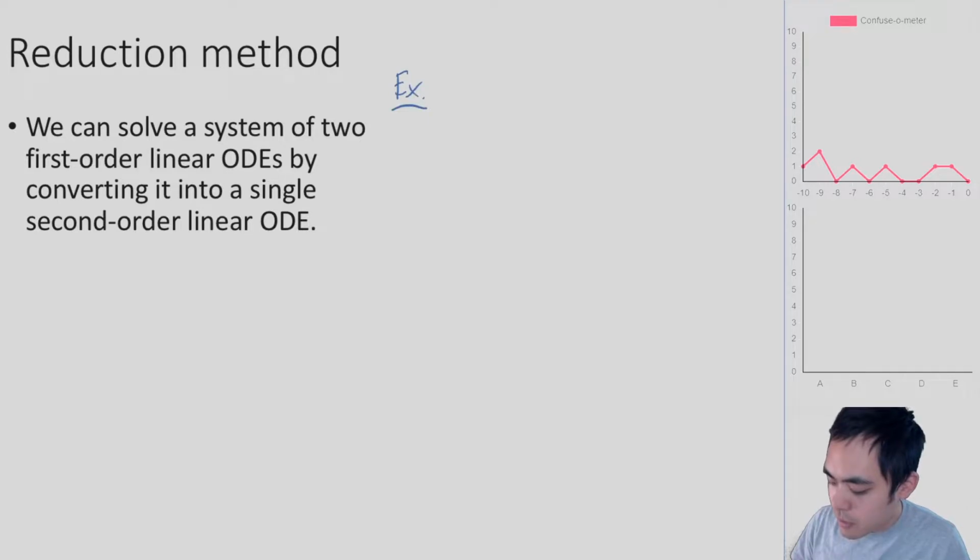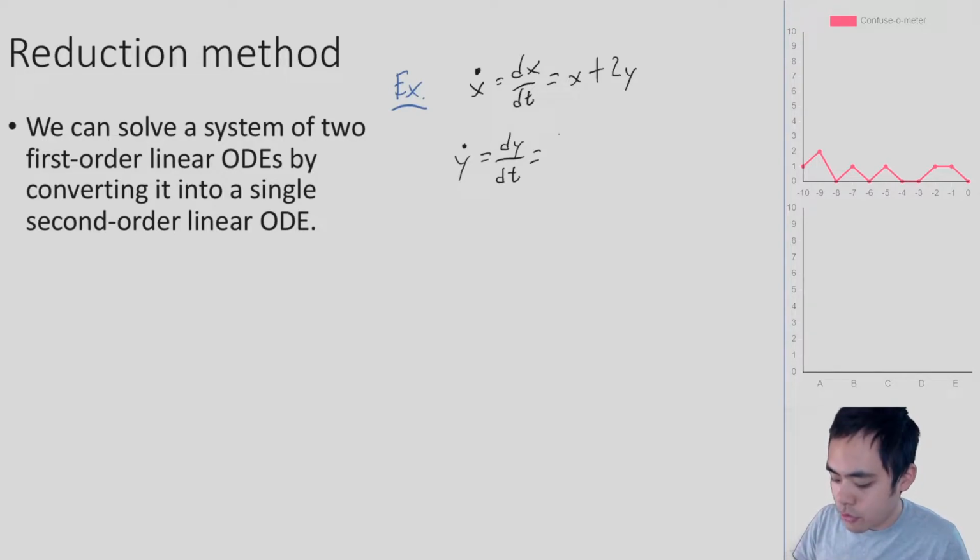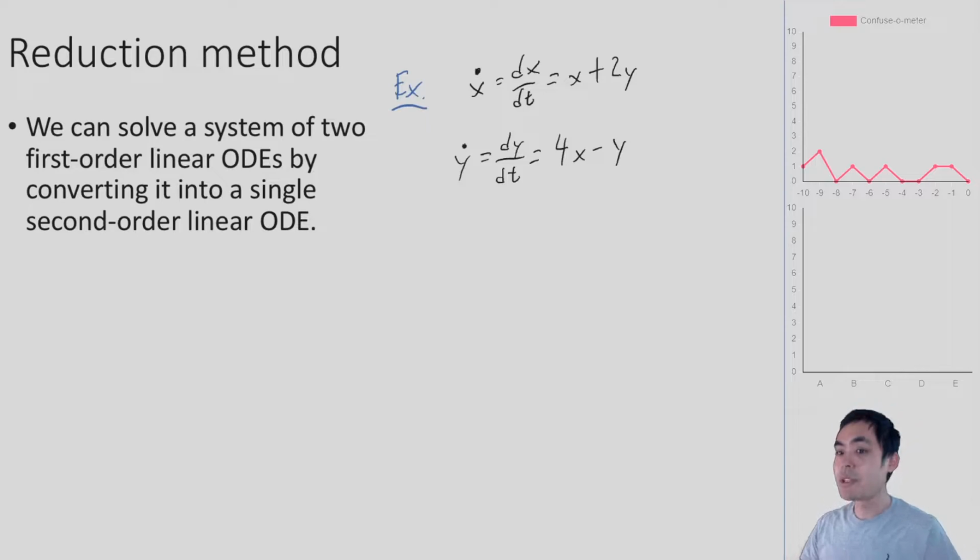Let's walk through this with an example. Let's say dx/dt, x dot, is equal to x plus 2y. And let's say we also have y dot, which is dy/dt, equal to 4x minus y. So this is a homogeneous system of 2 first-order linear ODEs with constant coefficients.